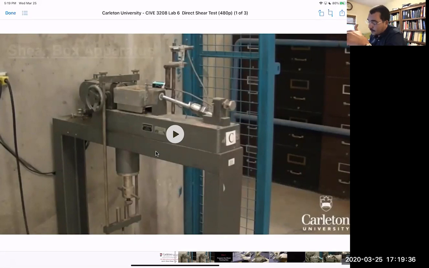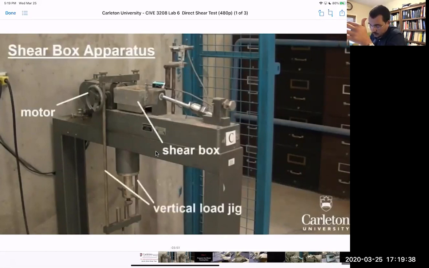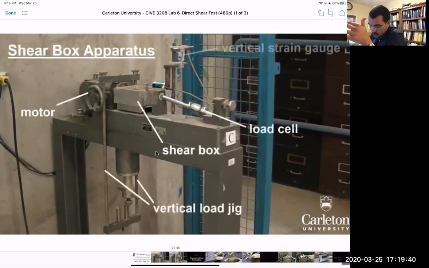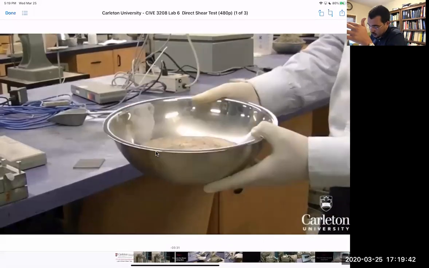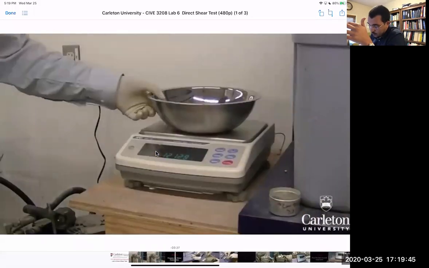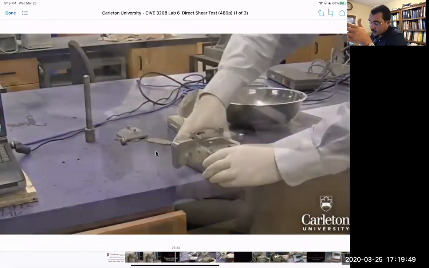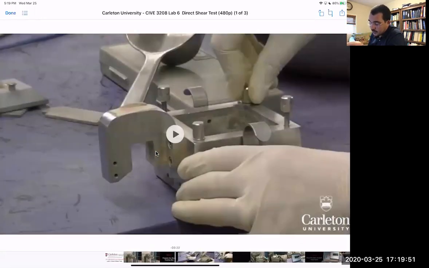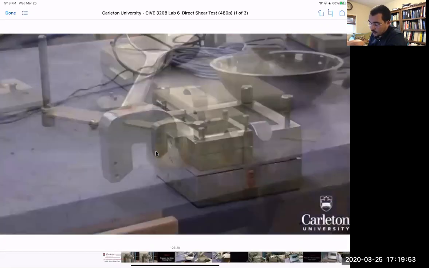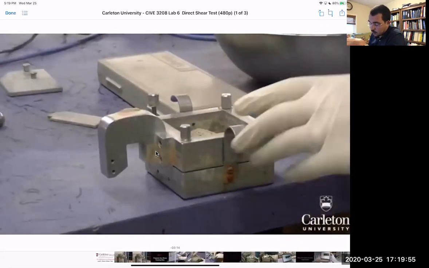This is the soil sample. He'll take a weight because you want to calculate the dry density. So he'll take the weight of the sand that he's putting in.